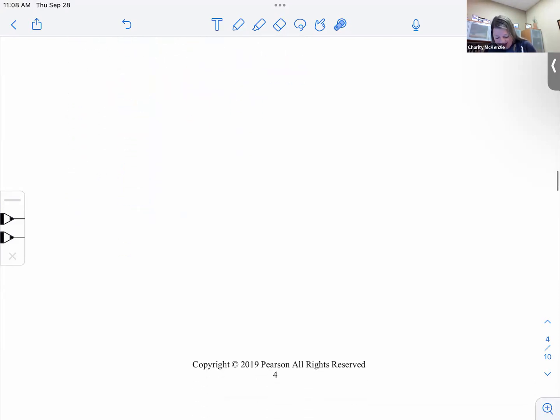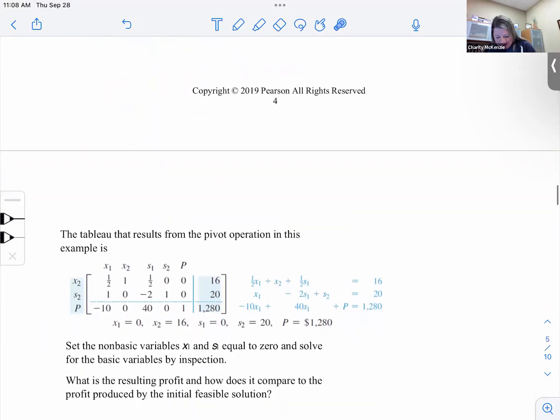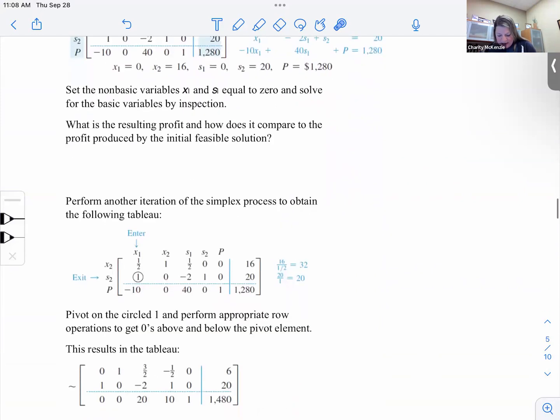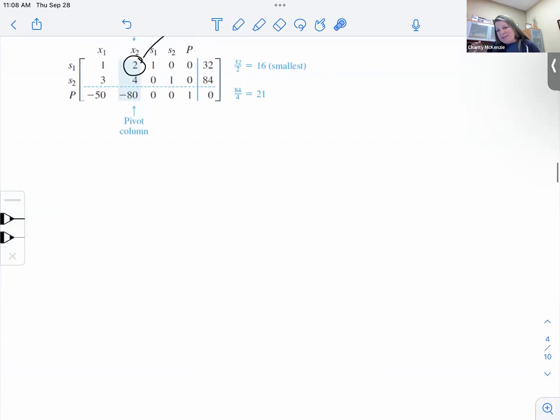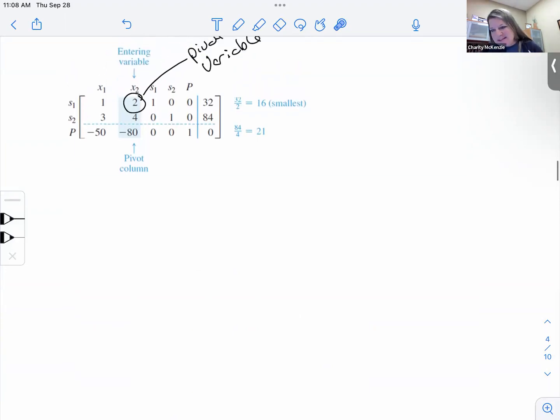Once I have that, I'm going to do it by hand, but I do have all this process written out with diagrams for my online students, just because it's all written out pretty for you, or as pretty as I could get it. But I'm going to do this pivot by hand. What I want to start with always is to make that pivot a 1.